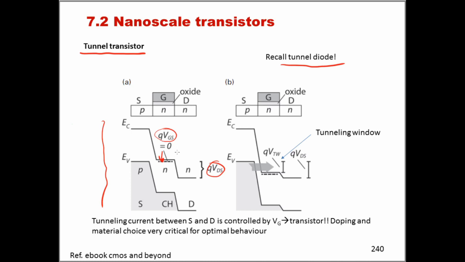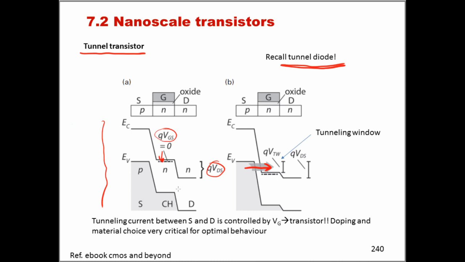If we have a small VDS bias and we start applying a positive VGS in this diagram, we will push the channel area down enough for tunneling to happen at a certain point between the P side and the channel area. This is exactly the same process that we have seen in the tunnel diode.